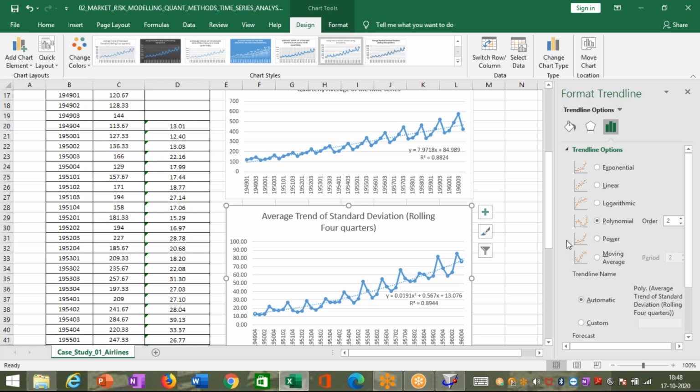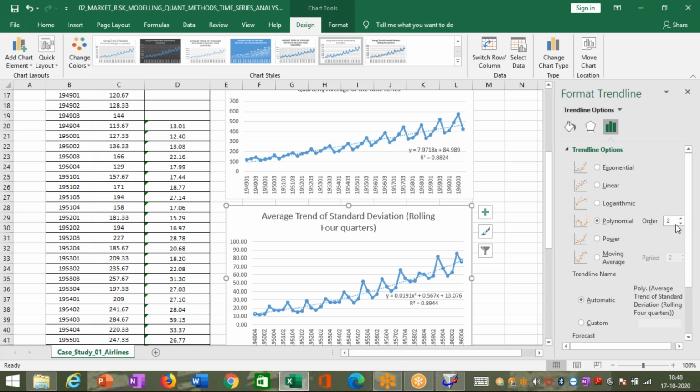The exponential fit is giving me a better result. If I increase this to the fourth order, it is still 89.5%. The R square is not really increasing, so it does not make much sense to do a polynomial fit to this.